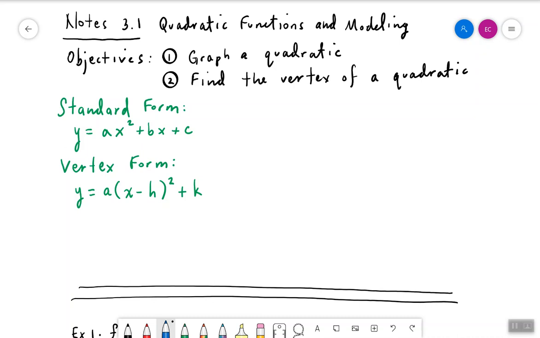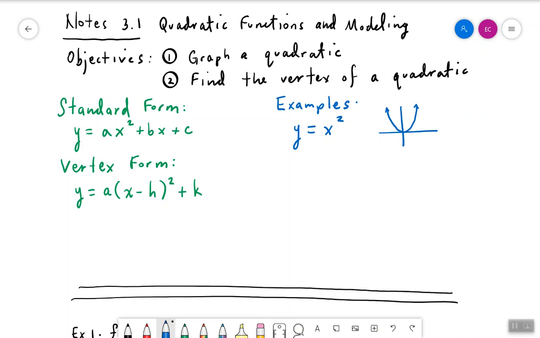First, let's talk about examples of quadratics. So the first example would be the basic function y equals x squared, which we studied in chapter 2, and we know that the graph is a parabola that opens up with vertex at the origin.